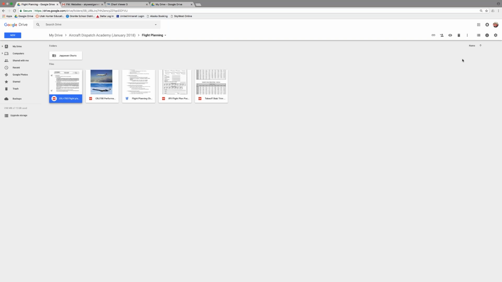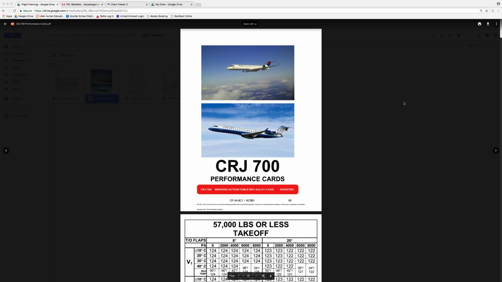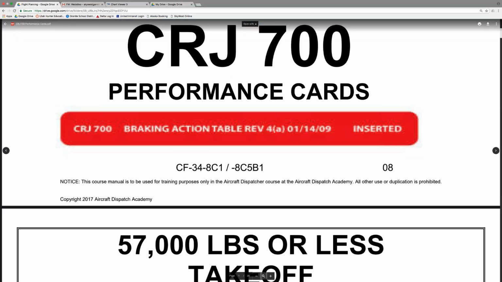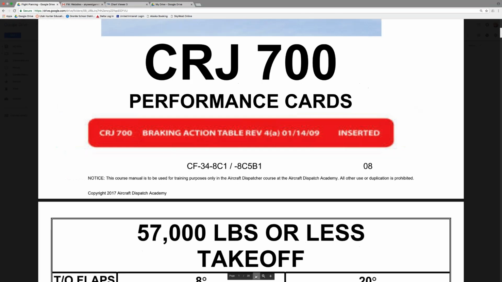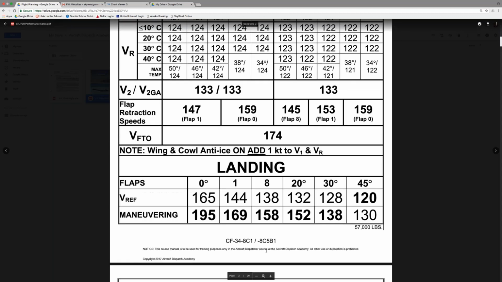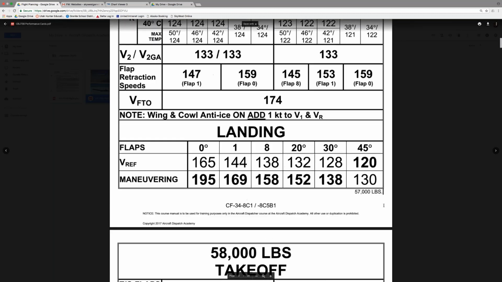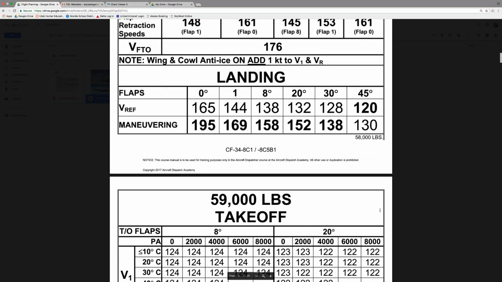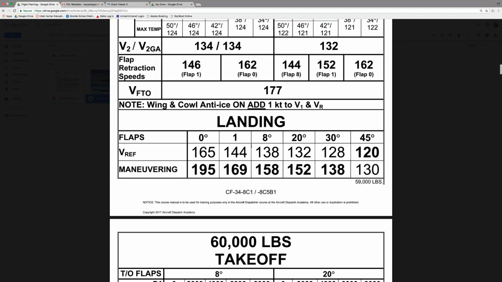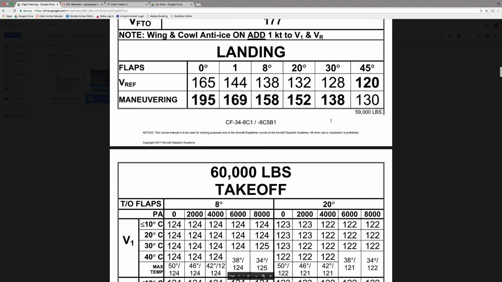So our landing, we're not as concerned about that, right? The landing speed, we just go off of our landing weight and our flap setting.